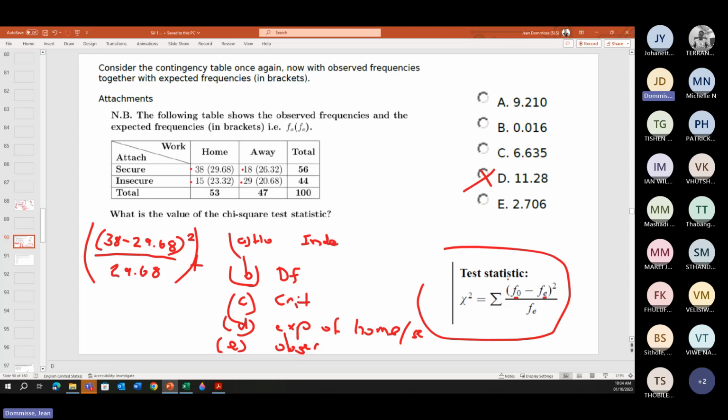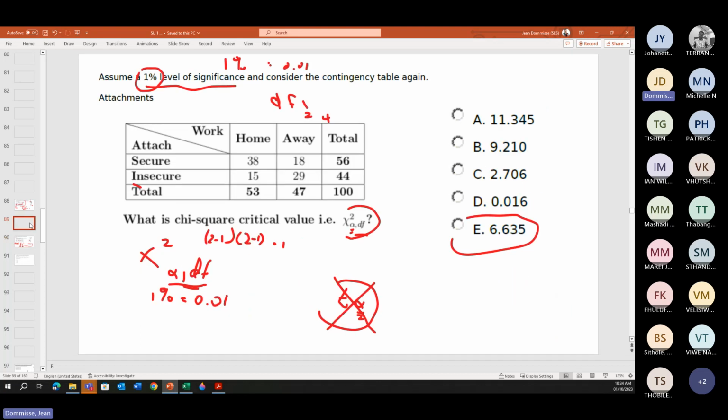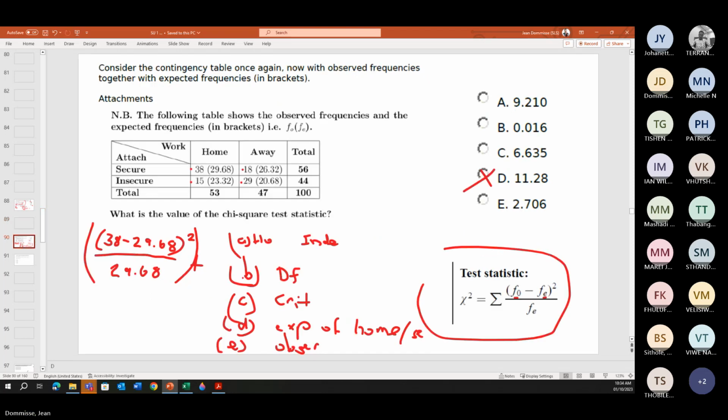So if you know you only got 10 minutes, you look at this and you're like, oh, flip, I need to do this now. It's going to take lots of time. Look at what your critical value was, because 99% of the time your chi-square is going to be bigger.